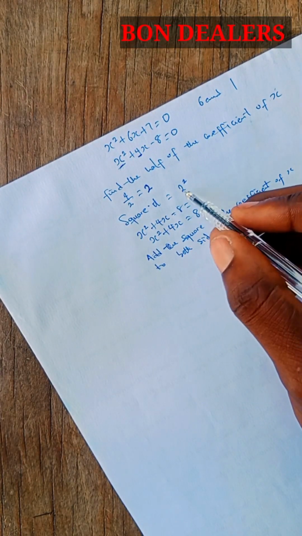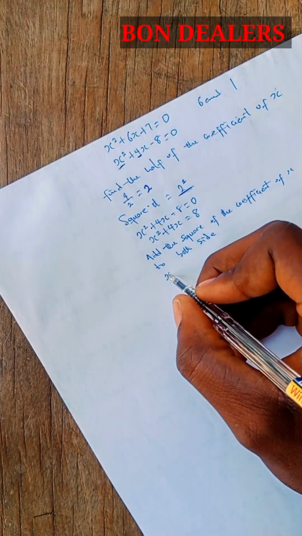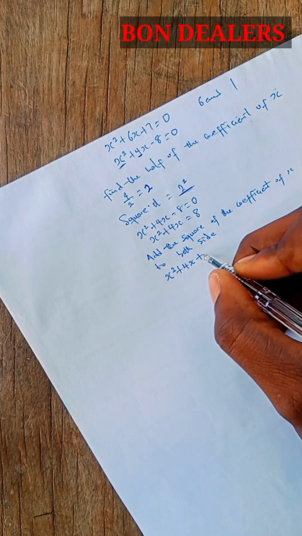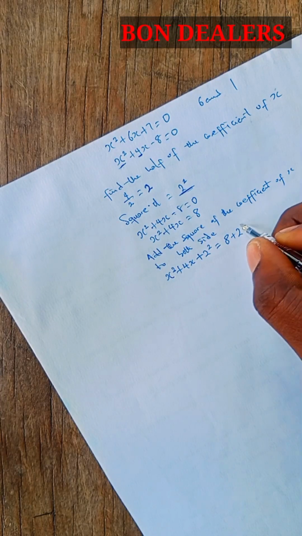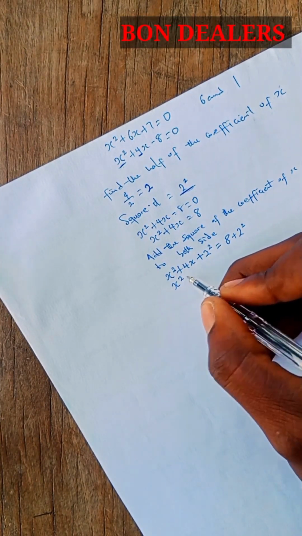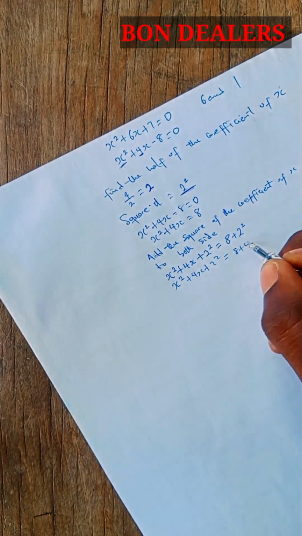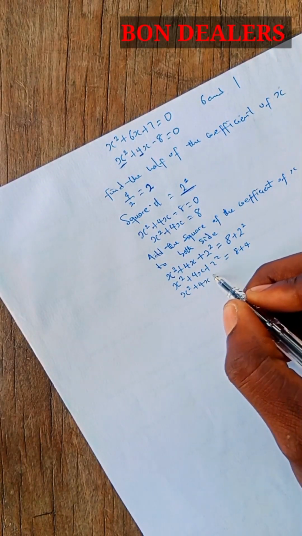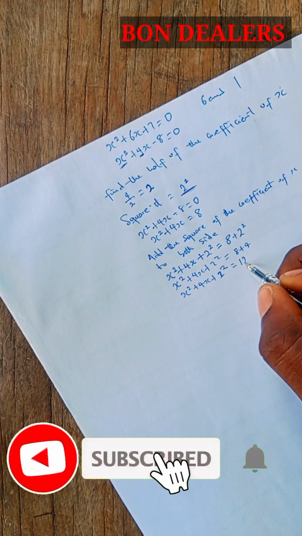You add the half that you've gotten here to both sides, and by that time you have x squared plus 4x plus 2 squared equals 8 plus 2 squared. Then you continue solving: x squared plus 4x plus 2 squared equals 8 plus 4, so you have x squared plus 4x plus 2 squared equals 12.